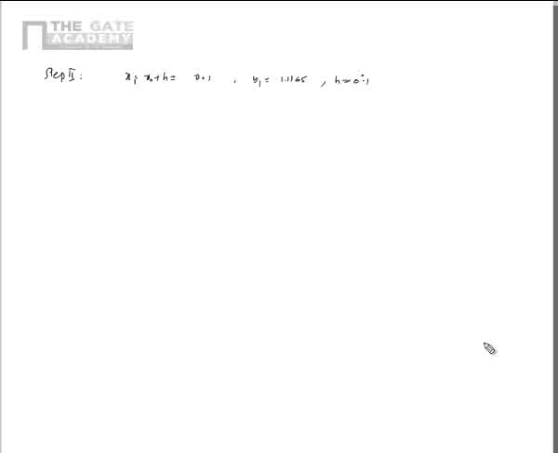Based on this, we have to evaluate k1, k2, k3, k4 again to get the value at 0.2. So k1 is h f of x1, y1, because now this becomes the former point, and this is 0.1 f of 0.1 comma 1.1165, and this value comes out to be 0.1347.